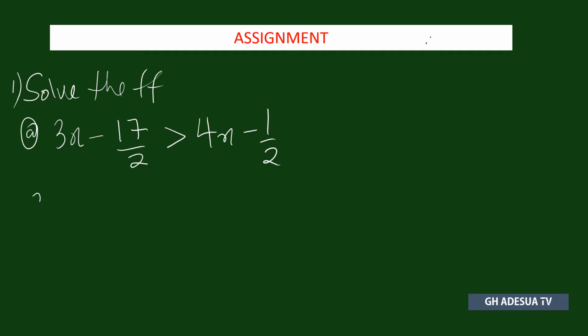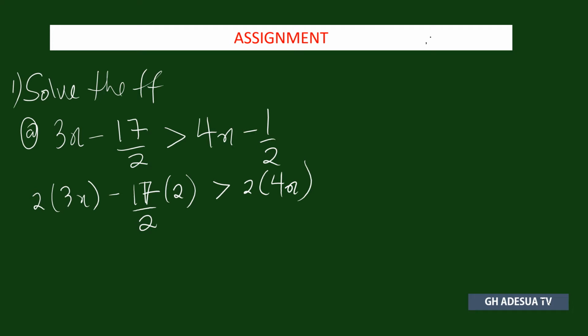So (3x minus 17)/2 times 2 is greater than 2 times (4x minus 1)/2. I realized that I was trying to put the 2 either before or after just to avoid the negative sign, but you can place it just after the negative sign.